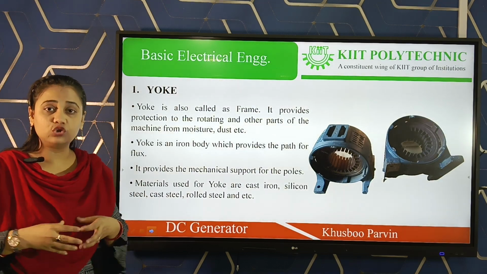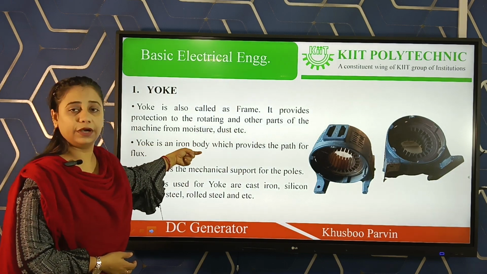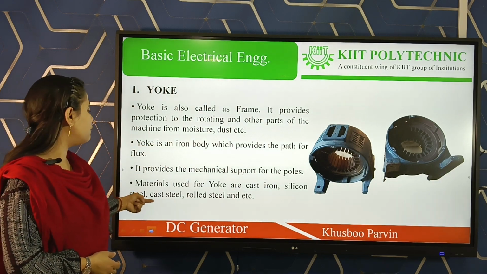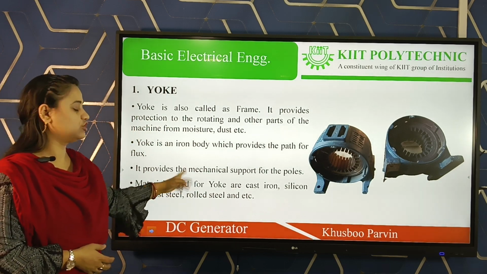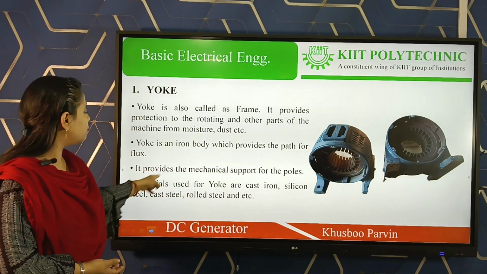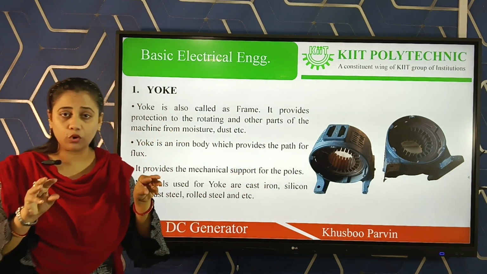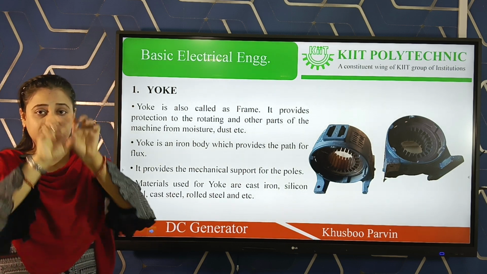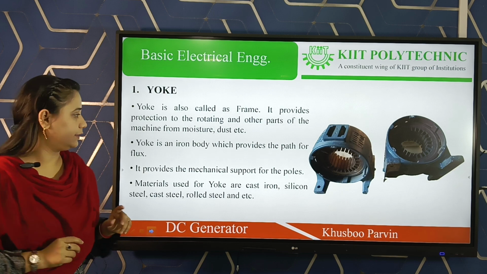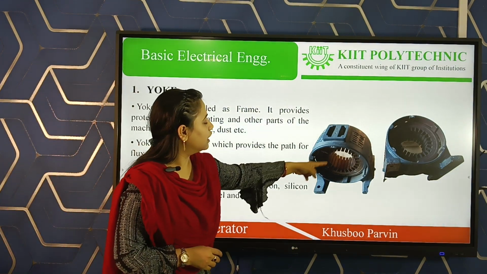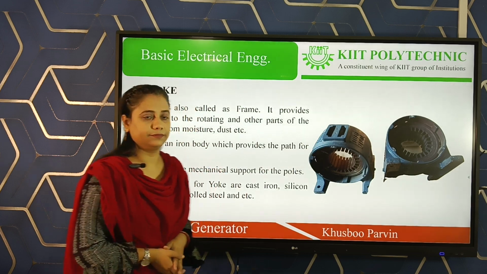It carries the magnetic flux because it is made up of cast iron, silicon steel, cast steel, etc. It also provides mechanical support for the pole, because the pole is mounted at the center, on the yoke or frame of the generator. Here you can see a diagram of a yoke or frame of a DC generator.